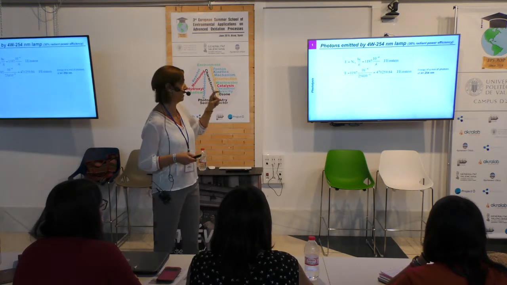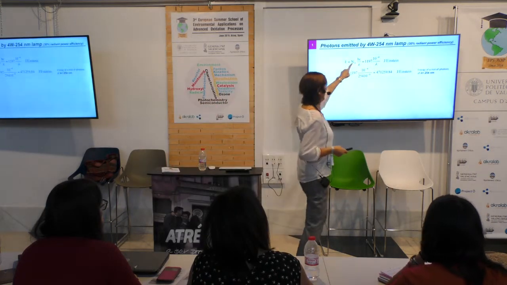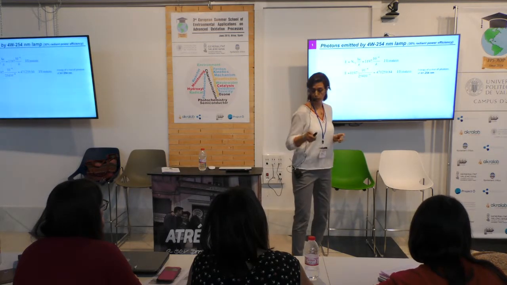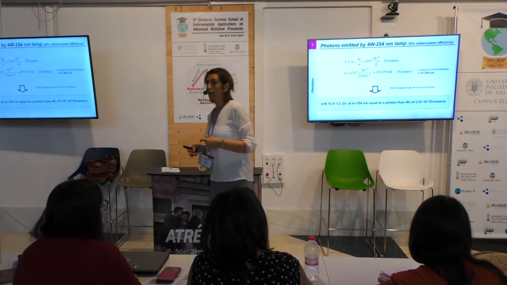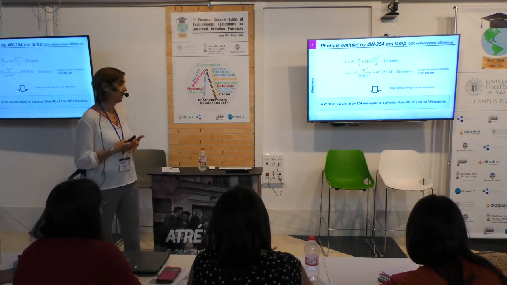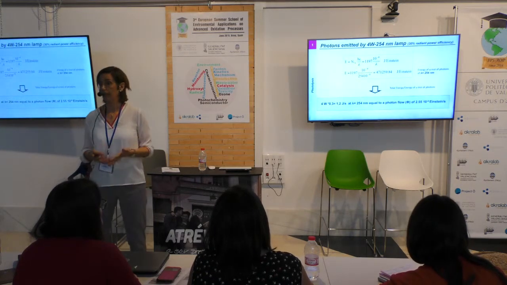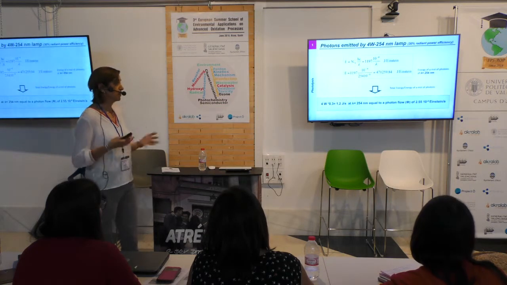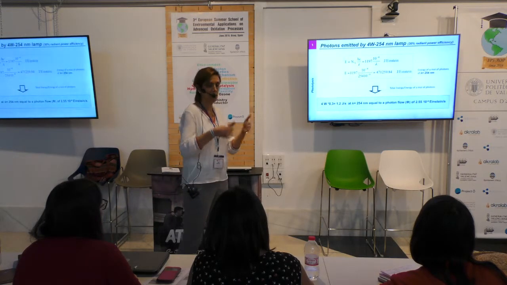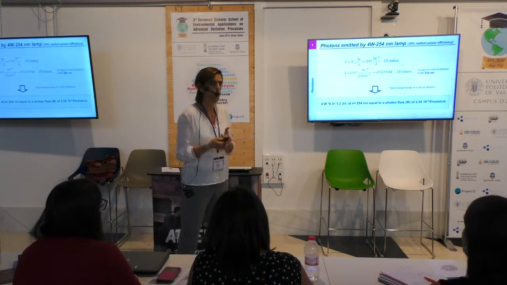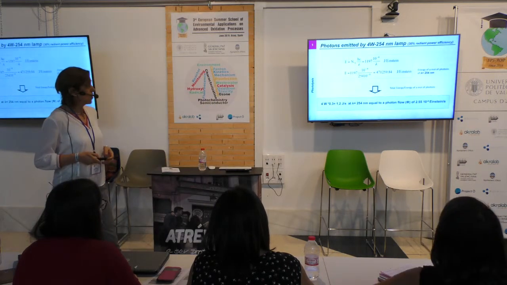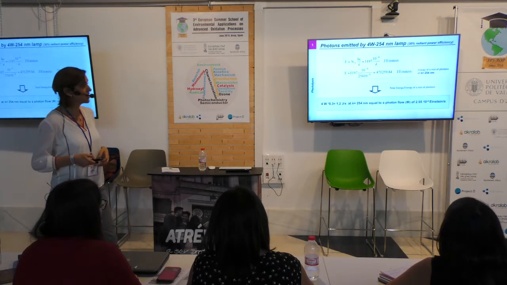So if we have the total energy that the lamp transforms into photons, and we have the energy of 1 photon, we only need to divide, and then we get the photon flow of this lamp, the moles of photons emitted by the lamp per unit of time. And this is very important because, as you already know, this affects directly the performance of the chemical reaction. So we know the basics of radiation.